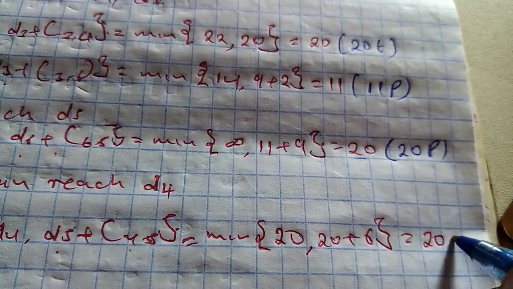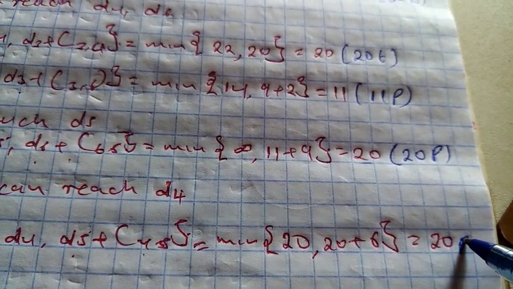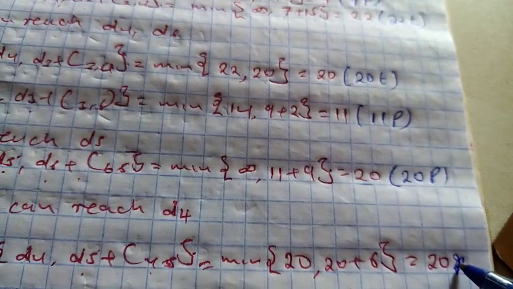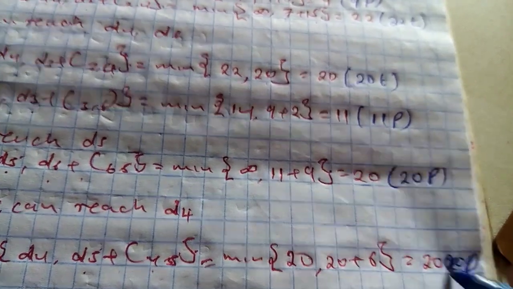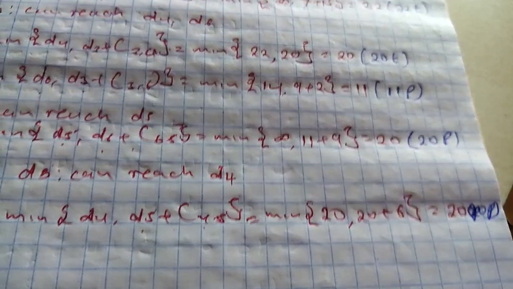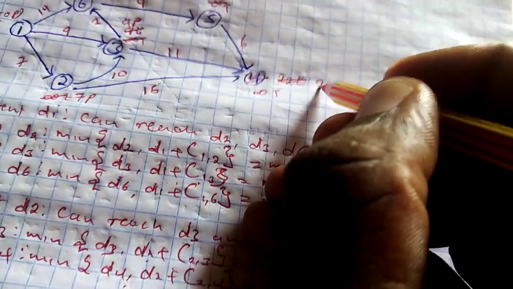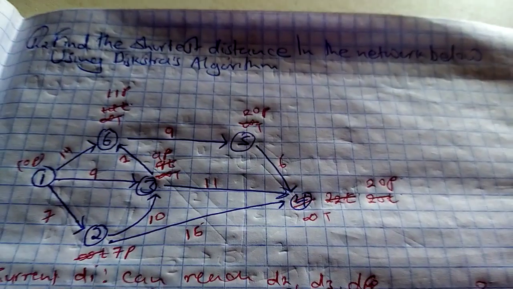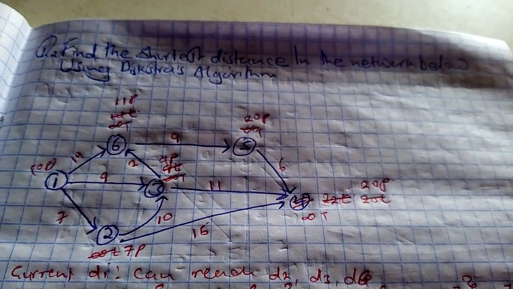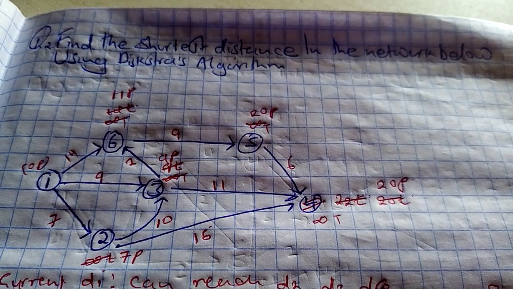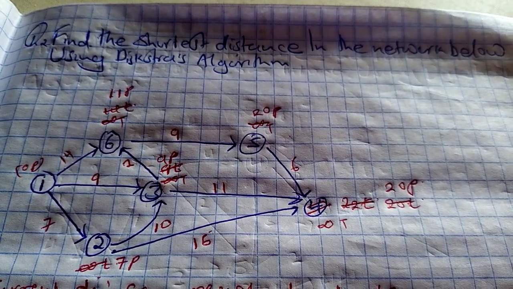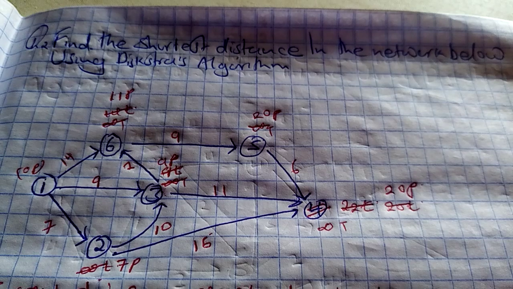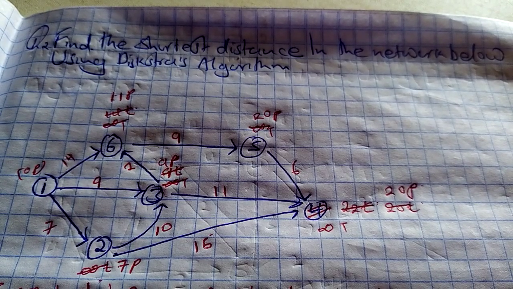So here becomes 20P. Let me write this, 20P becomes our permanent. When you look at those points, all of them have been identified as permanent. So we stop there.